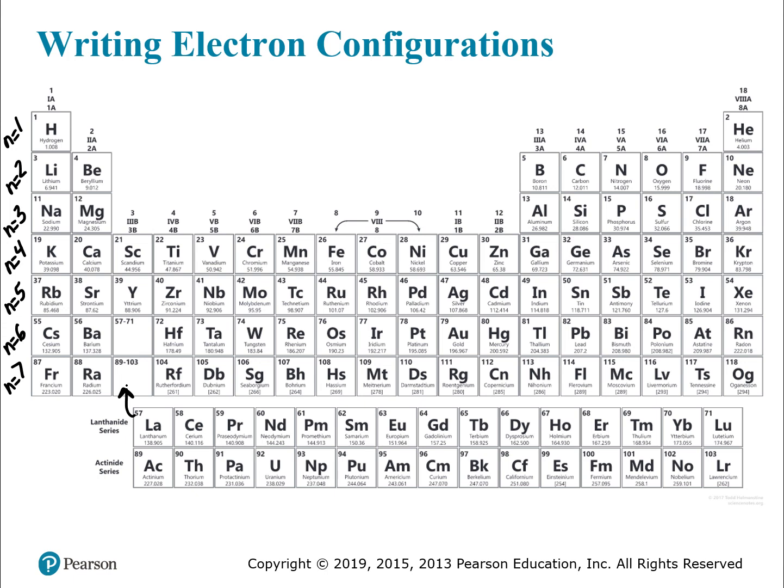So we've got our 7 energy levels. And we said that we've got S, P, D, and F in terms of sublevels. The way that the periodic table is organized, the elements that are filling the S, P, D, and F orbitals are all grouped together.